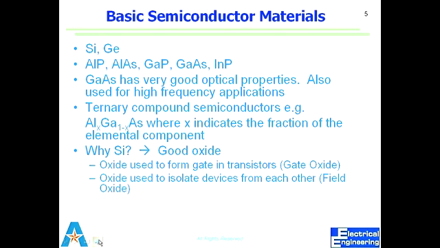So we can change that by changing the fraction. You'll see ternary compounds most of the time written with subscripts. That will tell you maybe aluminum 0.3, gallium 0.7, and arsenic. So that changes the electrical properties of that material.